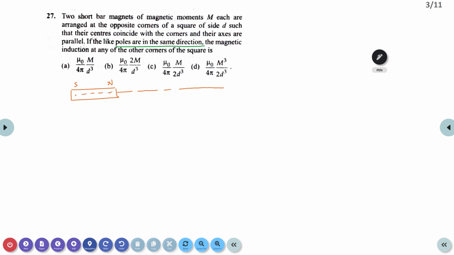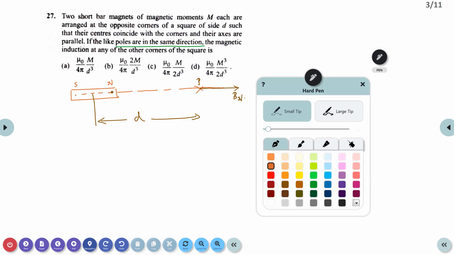I want to calculate the magnetic field at this point. This distance is D here. Now, the magnetic field at this point due to the North Pole is like this. I will call it Bn.